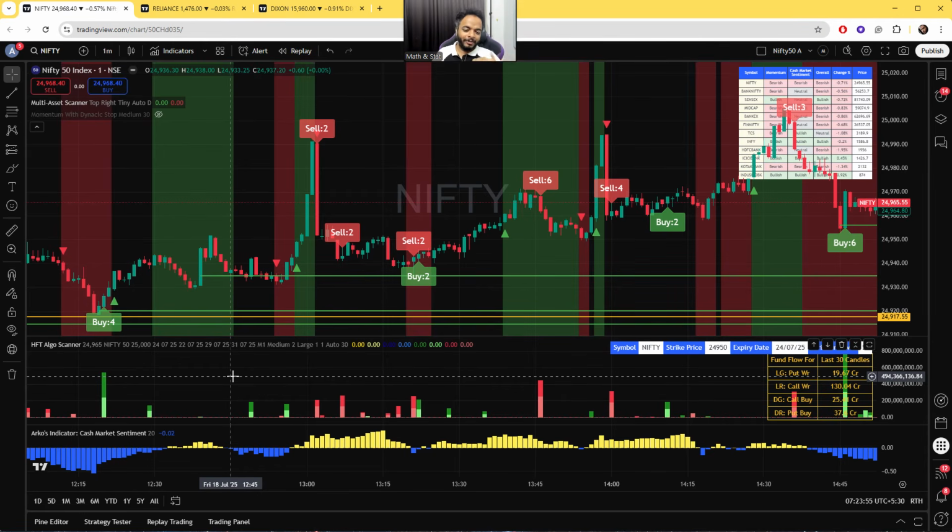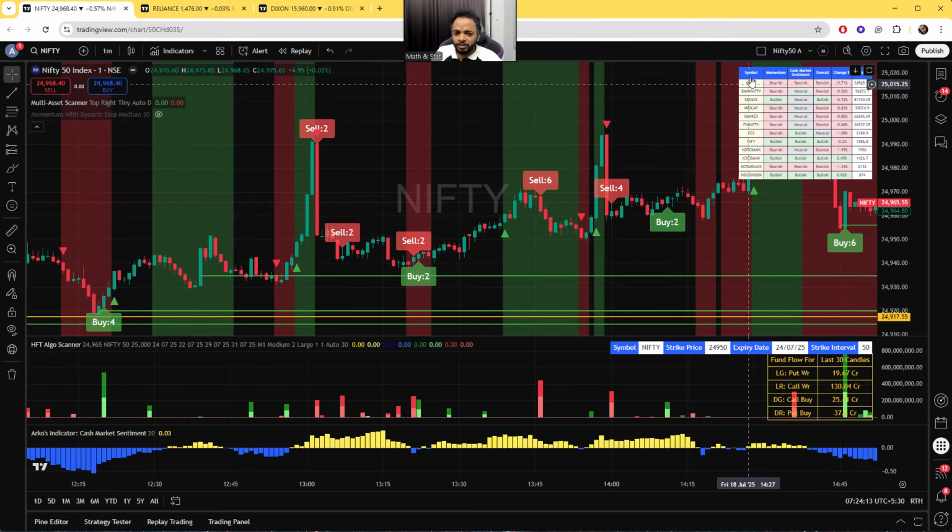So it's better to keep it between, let's say, 35 to 36, not more than that, so that we get a smooth run of the indicator. So there are many limitations of Pine Script. That is also the reason why we can put at max 40 symbols in the table, because for each it's calling the security. I have put Nifty, Bank Nifty, so it's calling Nifty, Bank Nifty, and so on.